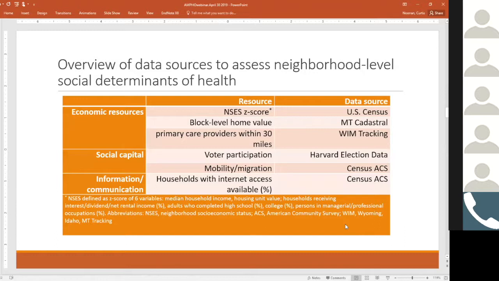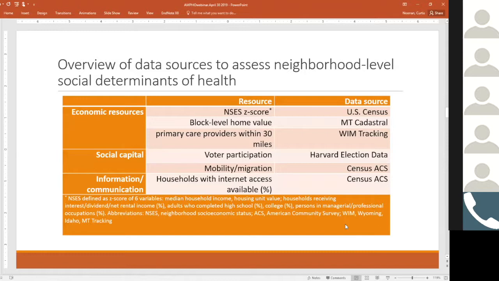So what we've done here is put together different areas where we might want to focus on understanding social determinants of health at the neighborhood level, and how could we do that? So we've grouped it into three different areas, and these are not by any means the only areas of exploring neighborhood level social determinants of health, but these are some.